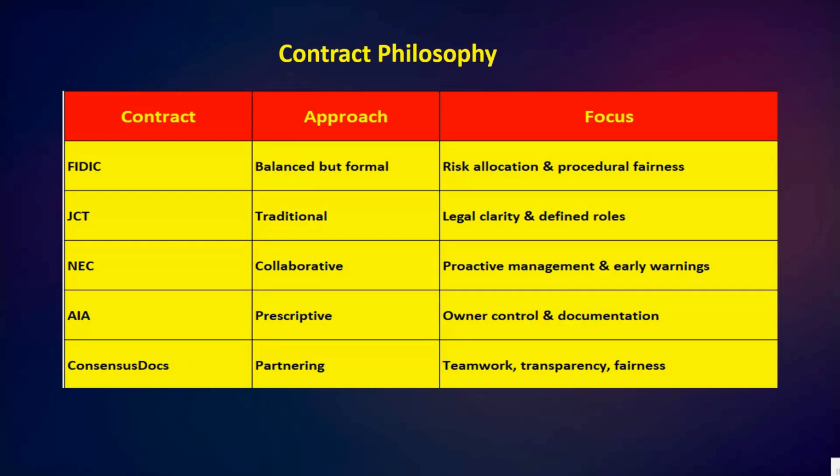It's also about partnering and transparency, ensuring joint decision making and fairness. In simple terms, FIDIC and JCT are more formal, NEC and ConsensusDocs are more collaborative, and AIA is more owner control. I hope contract philosophy is clear.